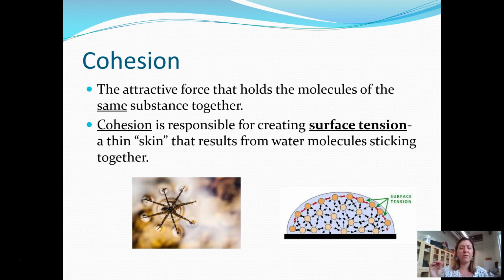But if I abruptly dropped it and broke that surface tension, or that skin, it would sink. So that's basically all I wanted to say about that. Cohesion and the resulting surface tension is why water droplets form and why things can float on water.